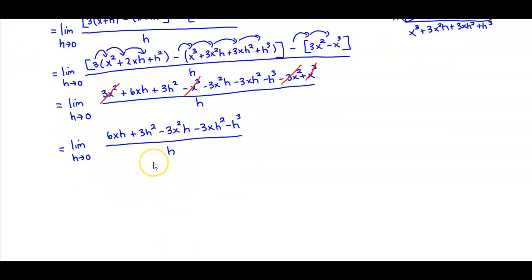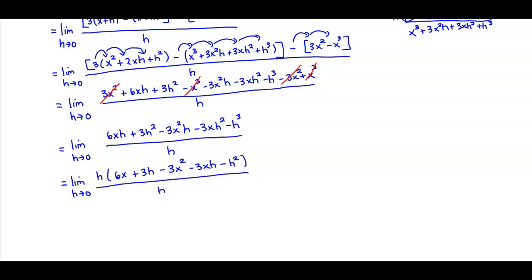And so now we can factor out an h in the numerator. So factoring out h, we're left with 6x plus 3h minus 3x squared minus 3xh minus h squared, divided by h.